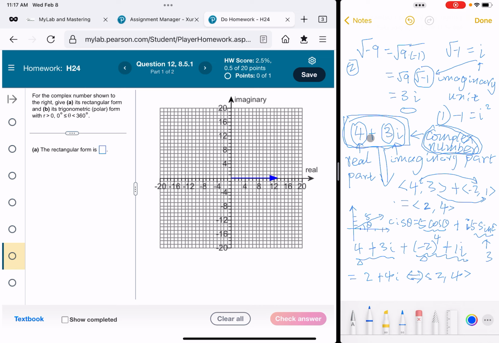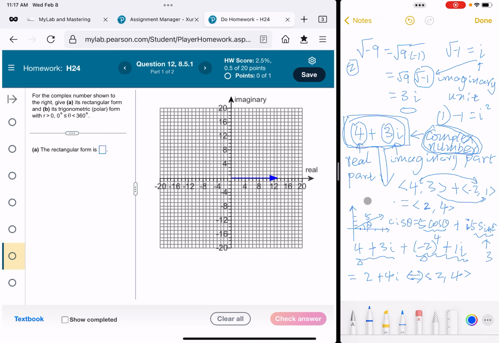We cannot really put them together. And that's the final answer, which is a complex number. This is also the general form of a complex number. 4 is called the real part. 3 is called the imaginary part. And i is behind the imaginary part 3.